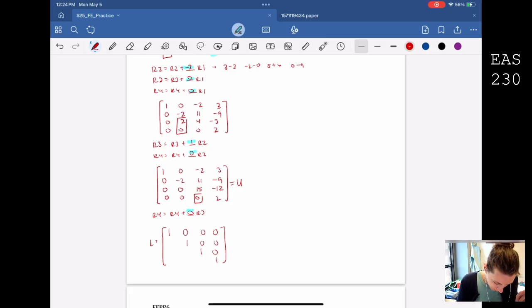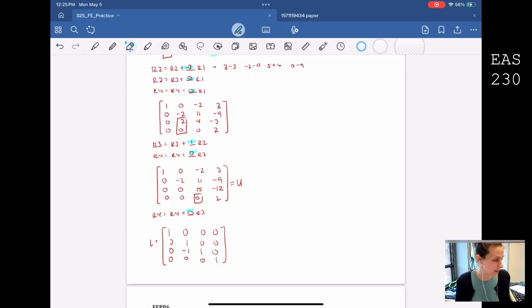So I have a negative 3, so it would be positive 3, and then 0, and then a 0. Then a negative 1, and then a 0, and then a 0. I can call them negative 0, but I changed the sign. So in order to get my zeros in column 1, I use these multipliers. In order to get my zeros in column 2, I use these ones, and then those ones. And note they are negative. They are the opposite sign.